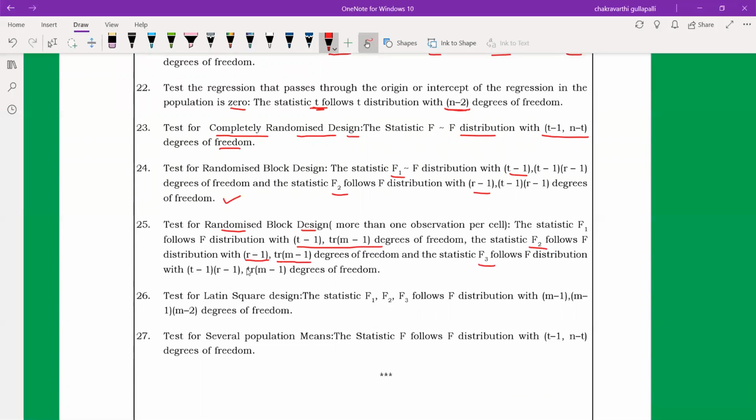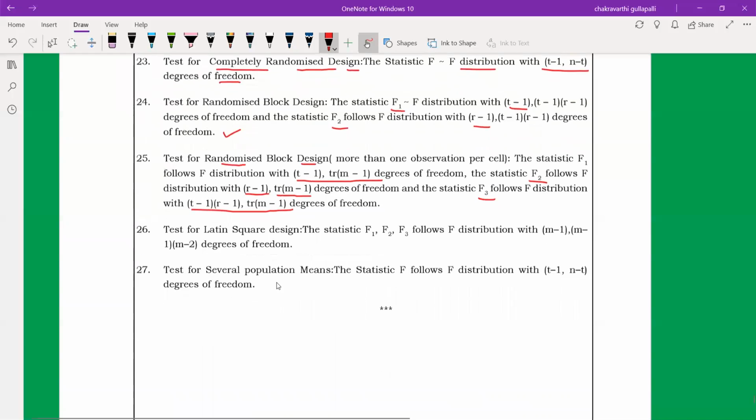The F3 statistic follows (t minus 1)(r minus 1), trm minus 1 degrees of freedom. For Latin square designs, F1, F2, F3 follow an F distribution with m minus 1, (m minus 1)(m minus 2) degrees of freedom.